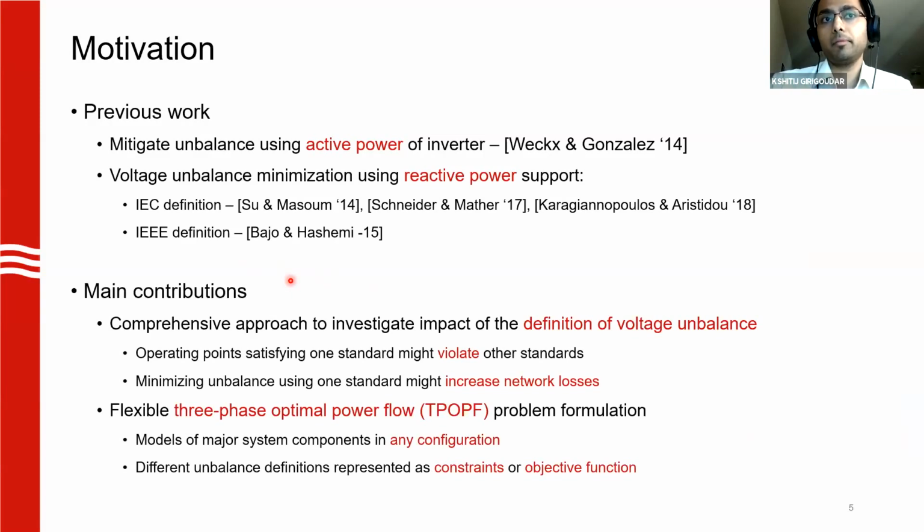We also look at the impact on other power quality metrics like network losses. In order to do this, first we have to set up the distribution grid model with all the major components. And then we also formulate the three unbalance metrics as both constraints and an objective function.